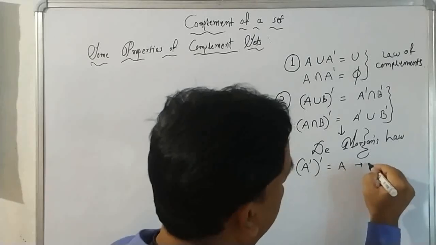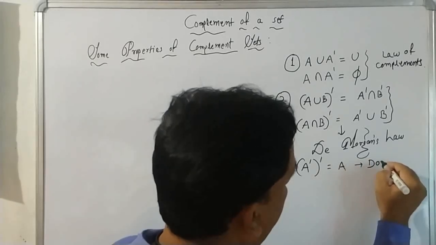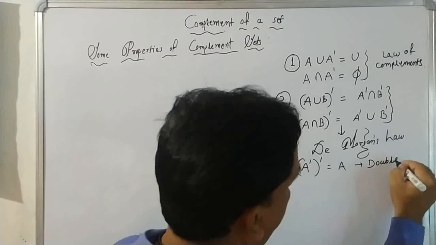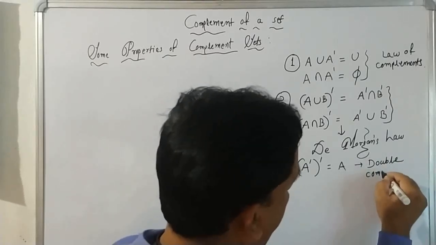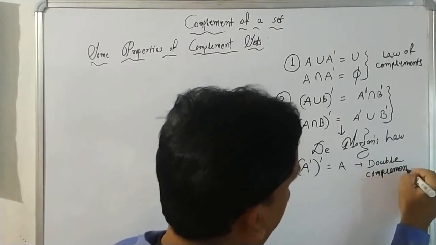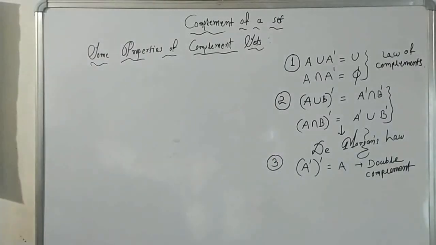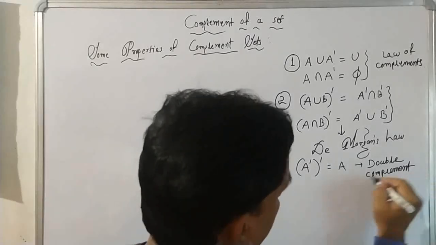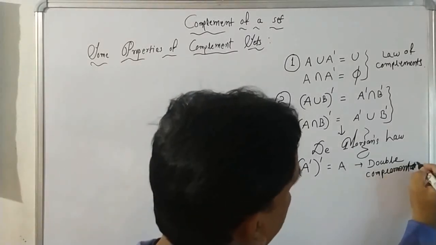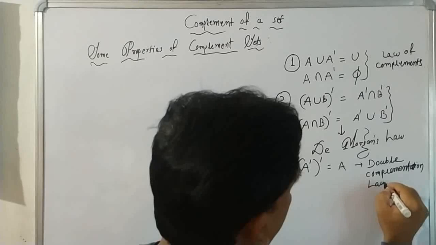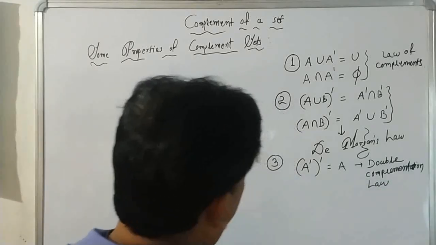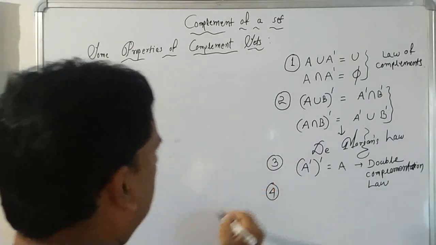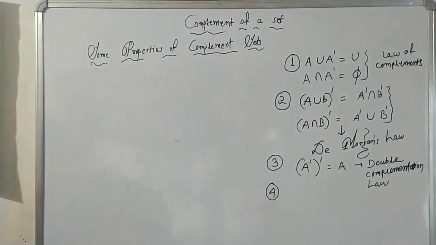This law is known as the double complementation law, or law of double complementation. Okay, all these properties are very important. Okay, law of empty set and universal set.